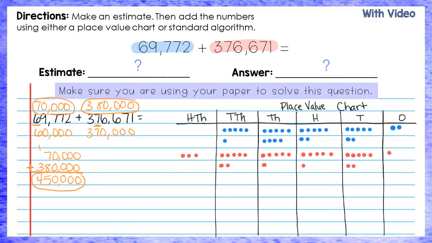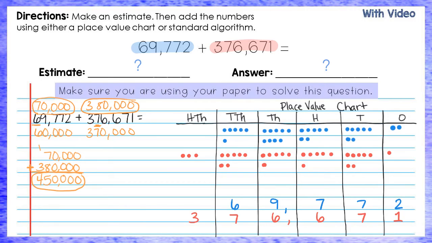Again, we're going to write these numbers down at the bottom. We have 2 ones, 7 tens, 7 hundreds, 9 thousands, and 6 10,000s. Then 1 one, 7 tens, 6 hundreds, 6 thousands, 7 10,000s, and 3 100,000s.